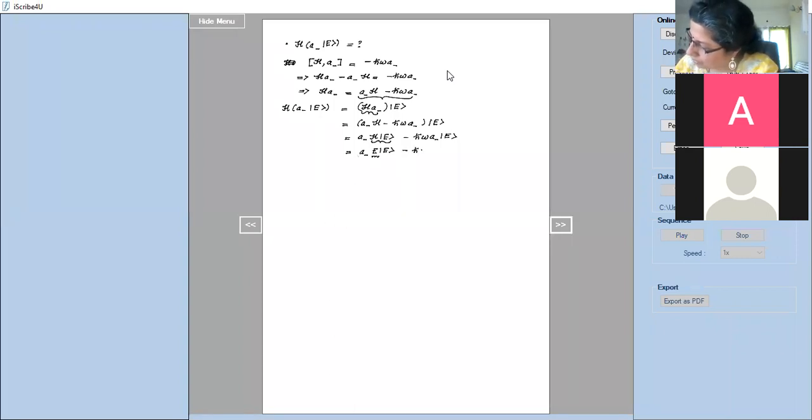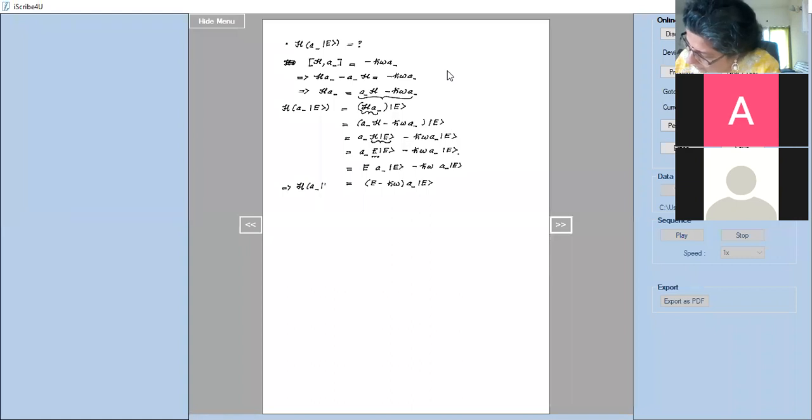Minus H cross omega A minus E. So then we know this E is just a number, so we can write it as E A minus E minus H cross omega A minus E. So therefore we have E minus H cross omega A minus E. So let's now write down the LHS over here.